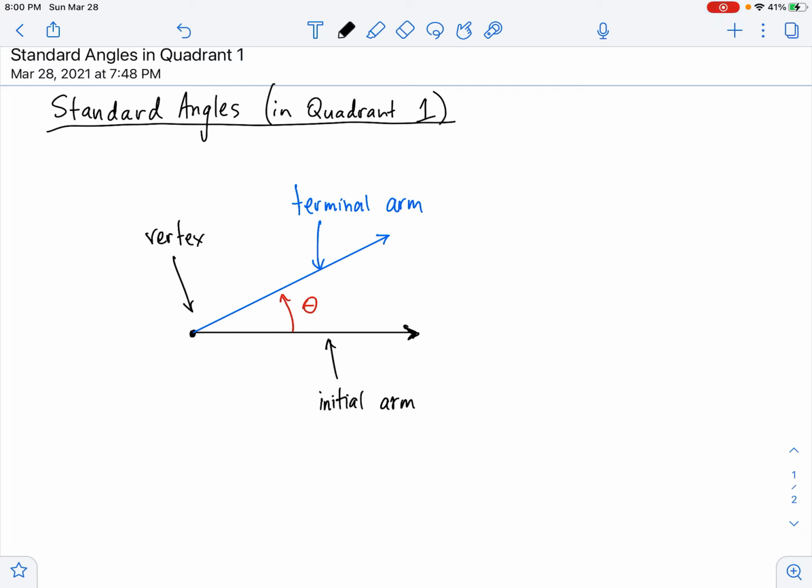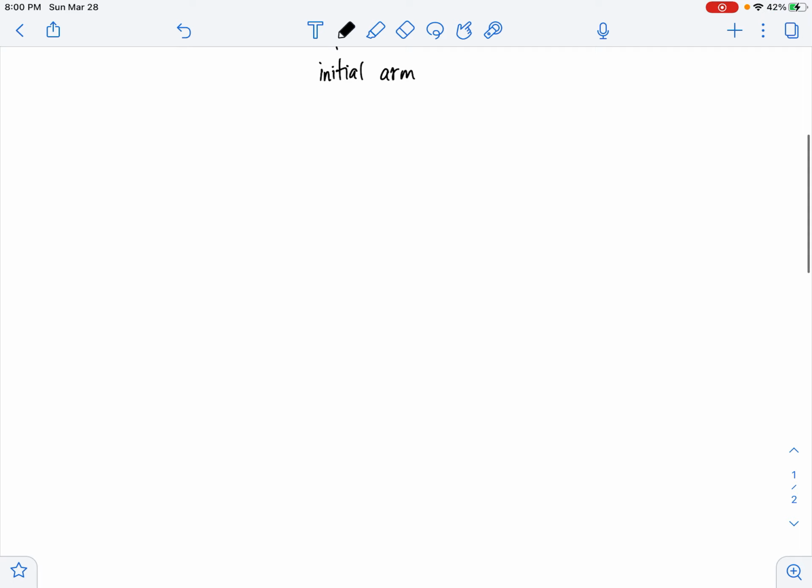Now, standard angles, when we're talking about trigonometry in terms of a coordinate plane, a standard angle takes what I just drew, that last diagram, and it takes that and, whoops, let me redraw that. Why won't it straighten?